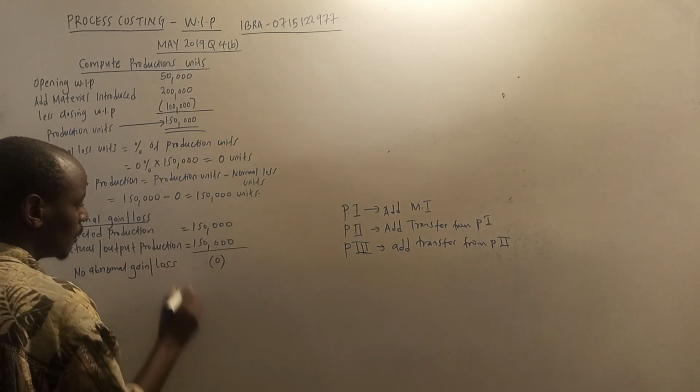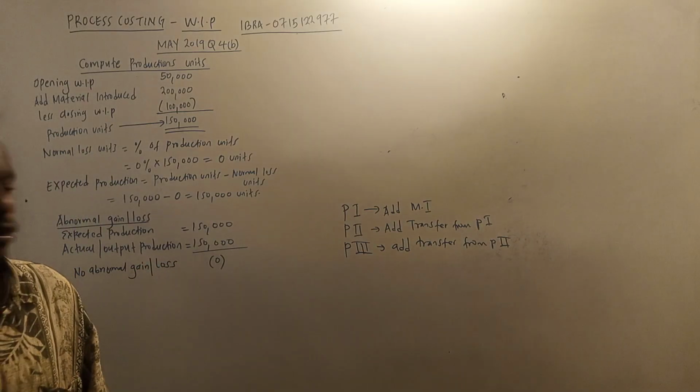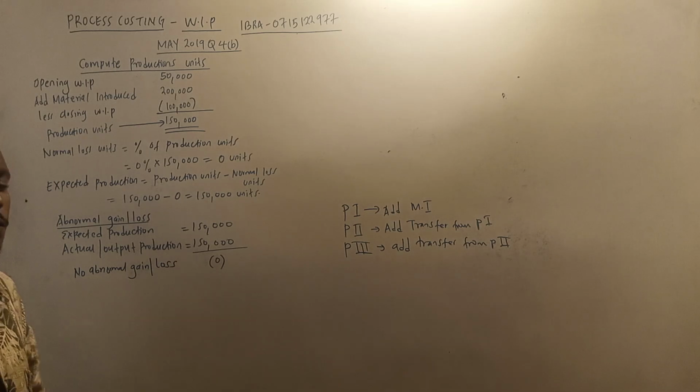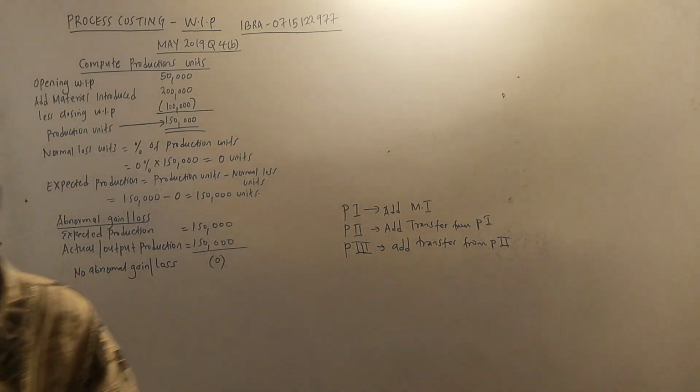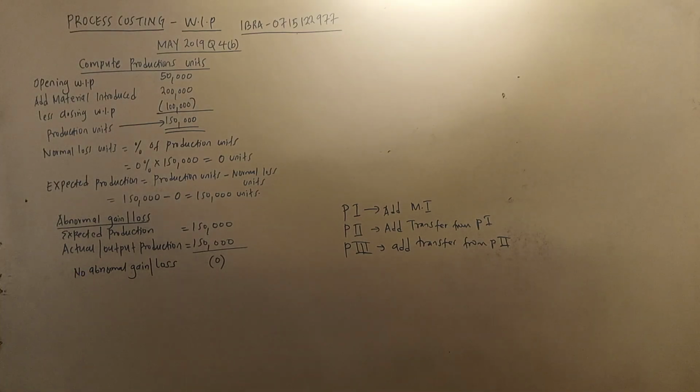or loss. Now, if you want to know how to tell if it is a gain or a loss, kindly check lesson 1 of process costing to understand if it's a gain or a loss, in the situation where there is a percentage of losses.